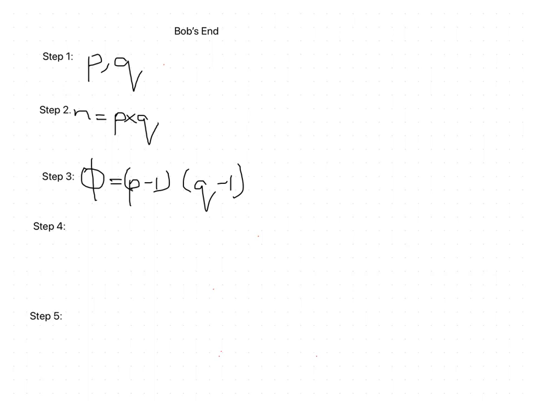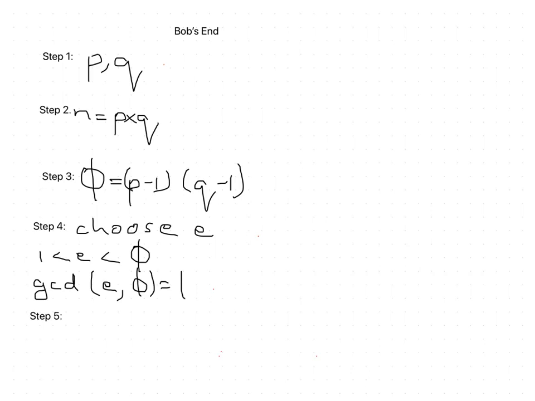Then he will choose an integer E, keeping two constraints in mind: E will be greater than 1 and less than phi, and the greatest common divisor of E and phi will be equal to 1.